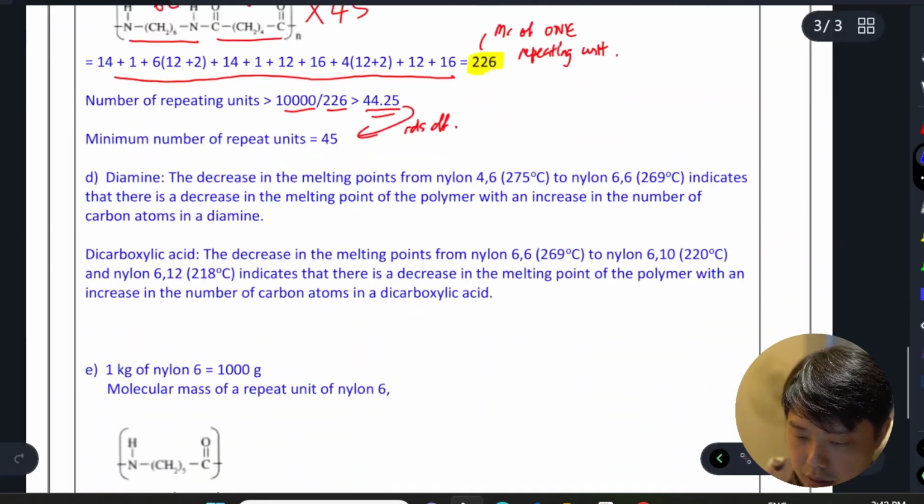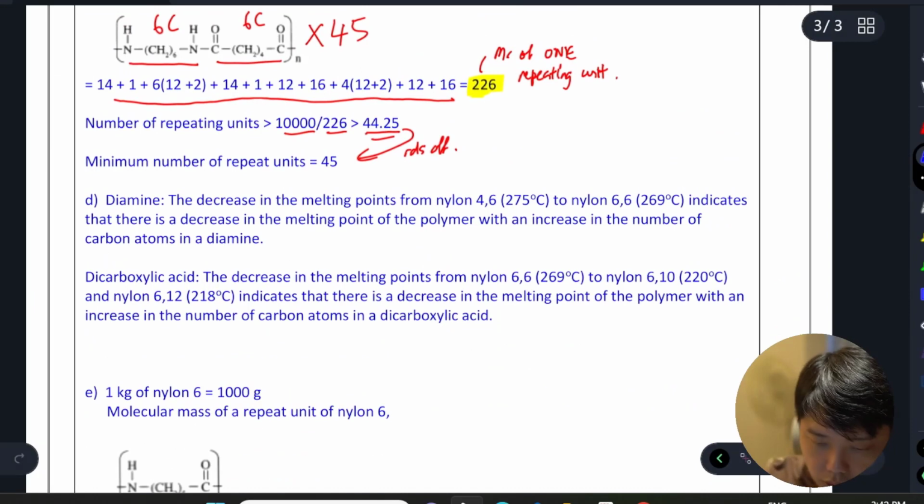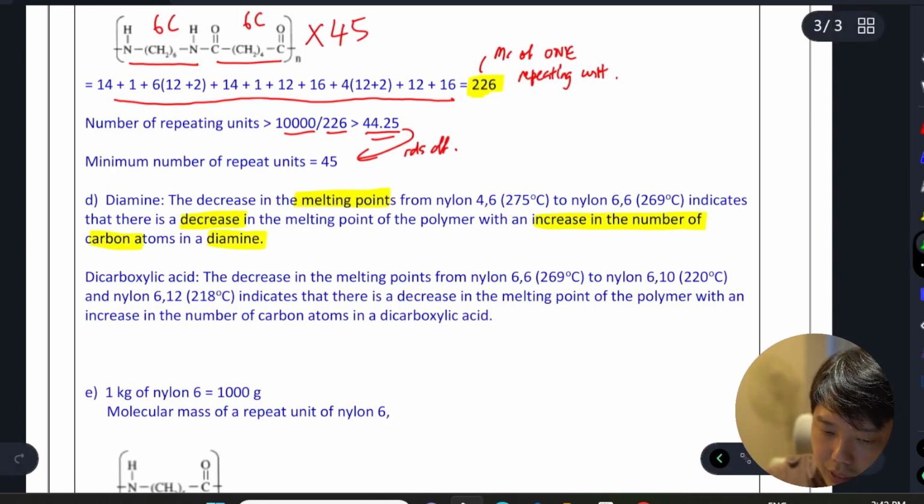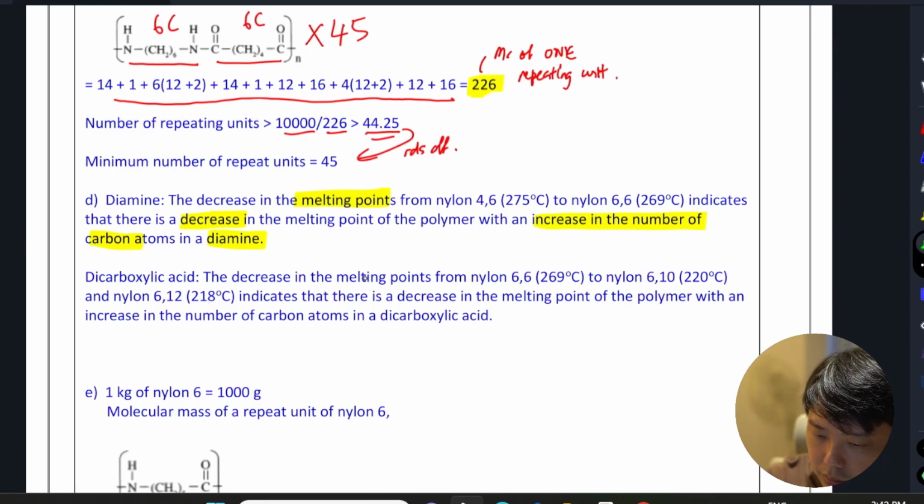Right, so in our answer, we can quote the melting point. Okay, there is a decrease with an increase in number of carbon for diamine. Okay, how about for dicarboxylic acid? Melting point also decreases from 269 to 220. Okay, when you increase the number of carbon by 4.